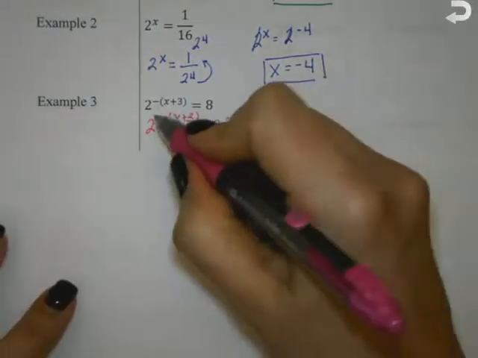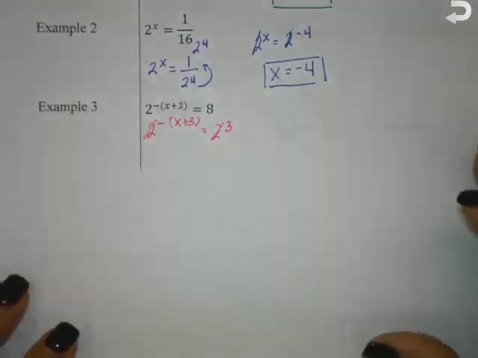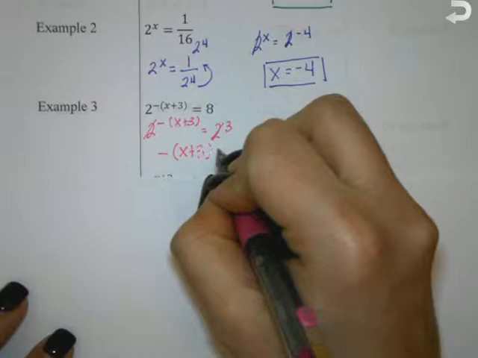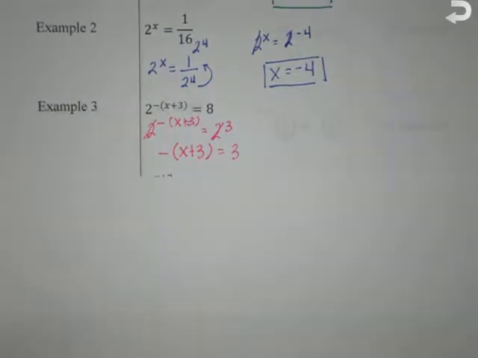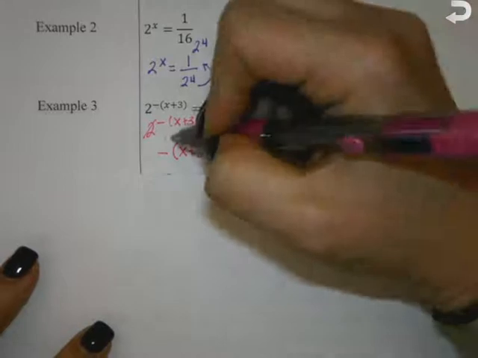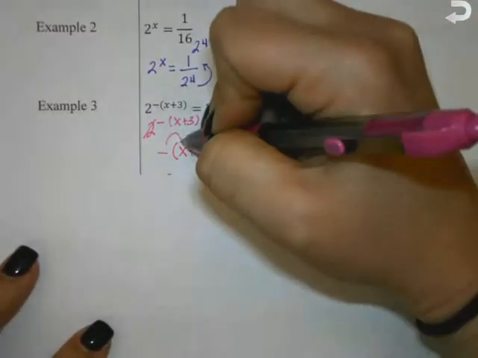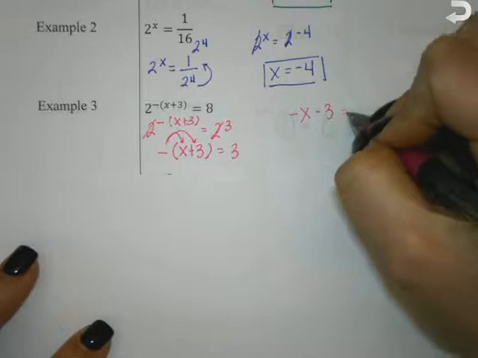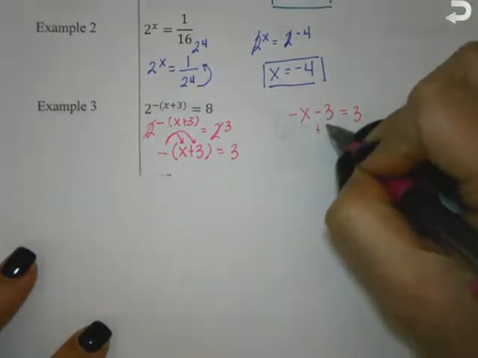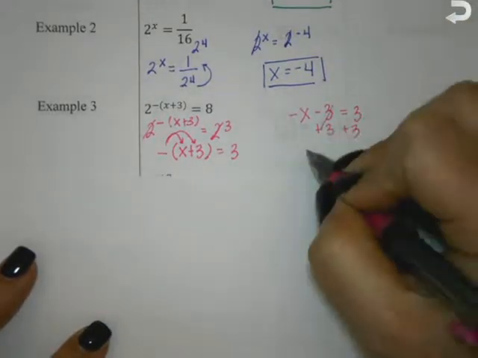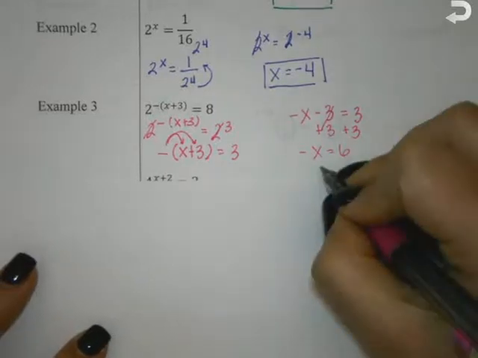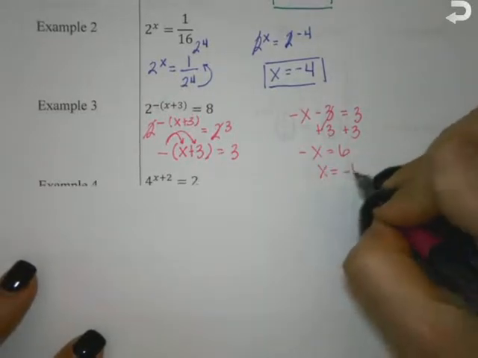Yes, so drop the bases, and that gives me negative x plus 3 equals 3. So to solve this, what do I have to do, guys? Distribute the negative. So that gives me negative x minus 3 equals 3. Add 3 to both sides. So I get negative x equals 6. So if negative x equals 6, what does positive x equal? Negative 6.